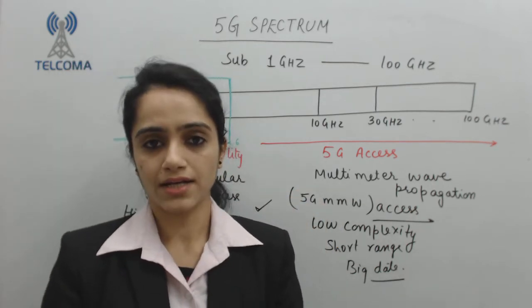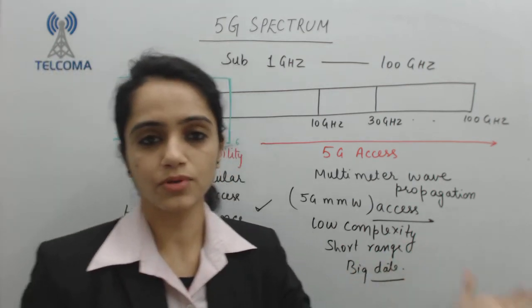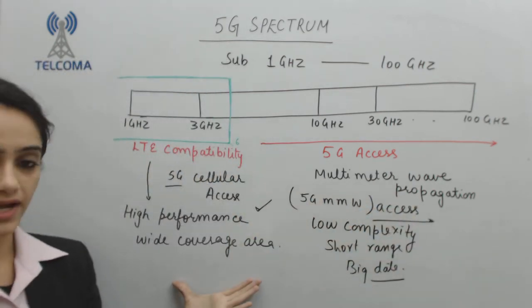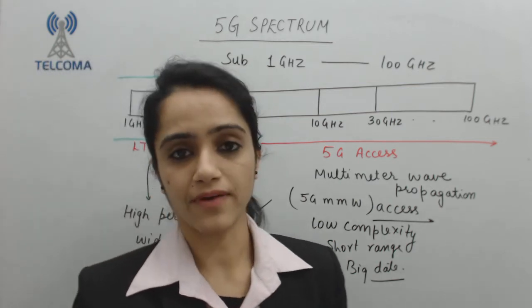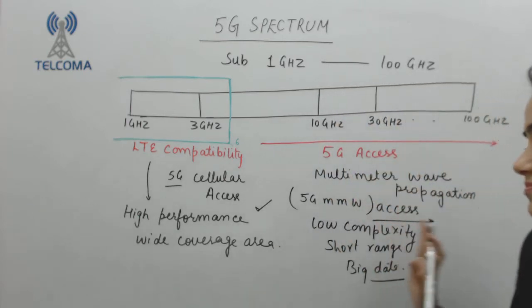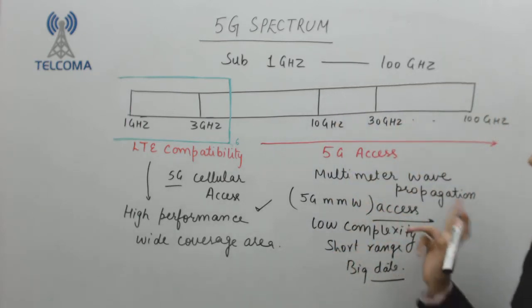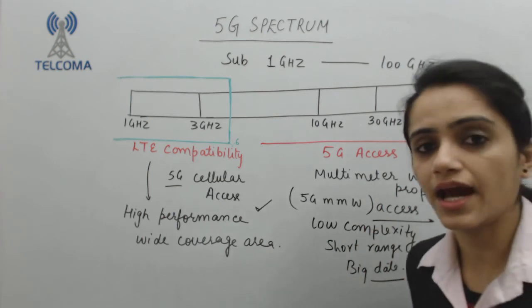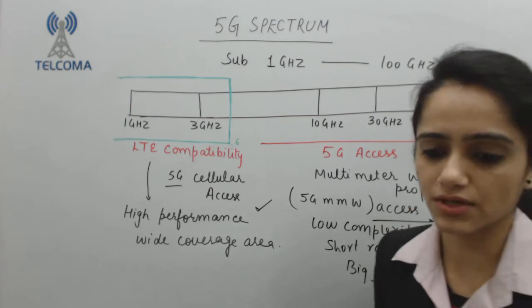So bands are divided into a lower frequency band and an upper frequency band. Up to this band we can use for a wide coverage area. But my 5G specifications or requirements need this particular band, because we have mmW access as well as we require big data and high mobility. So we require more bandwidth to cover those requirements.